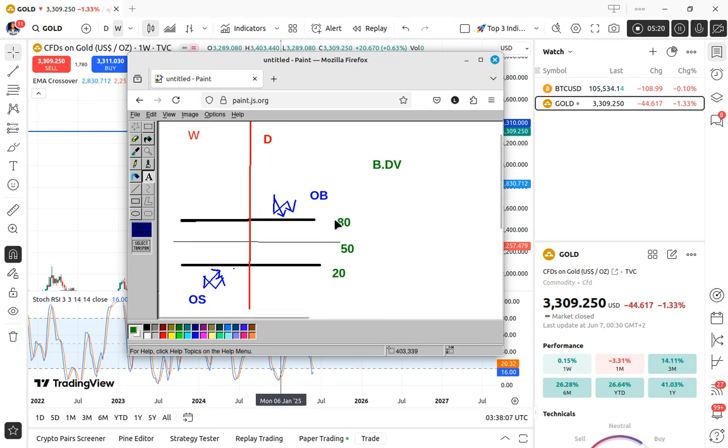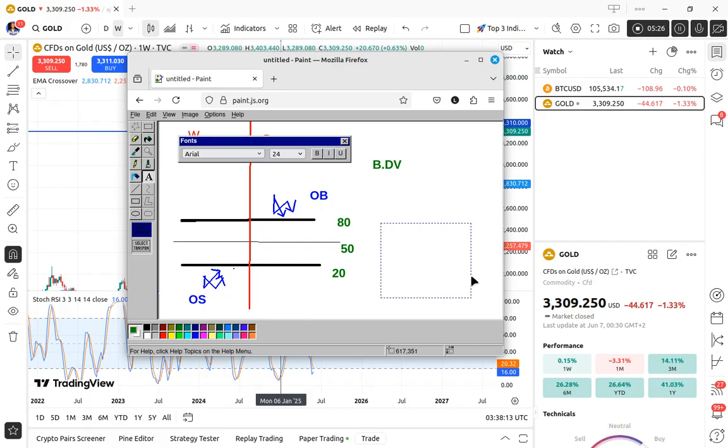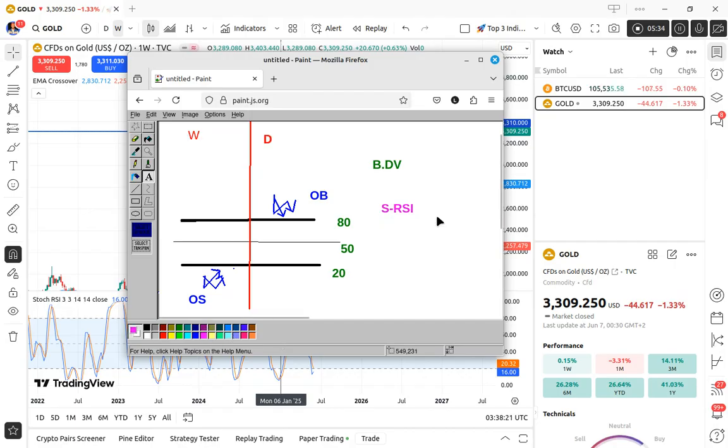So this whole thing is called the stochastic RSI. That's the name of this indicator. So above the 80 zone, it's overbought on the daily. Then on the weekly, it's oversold.